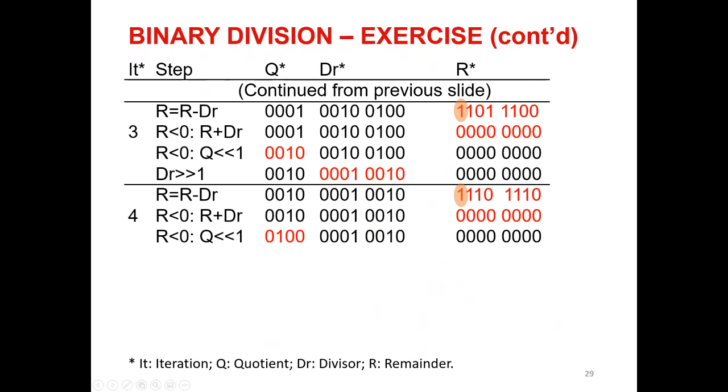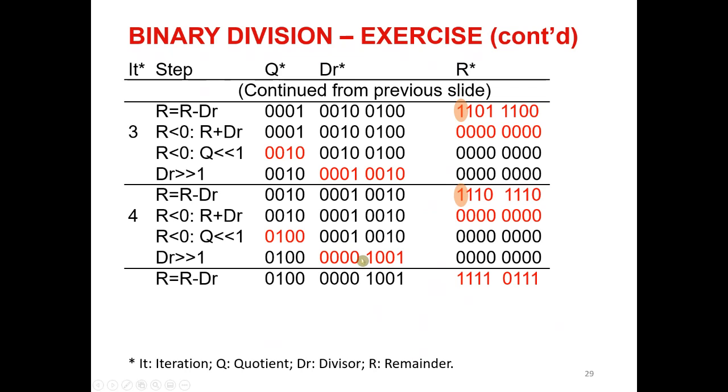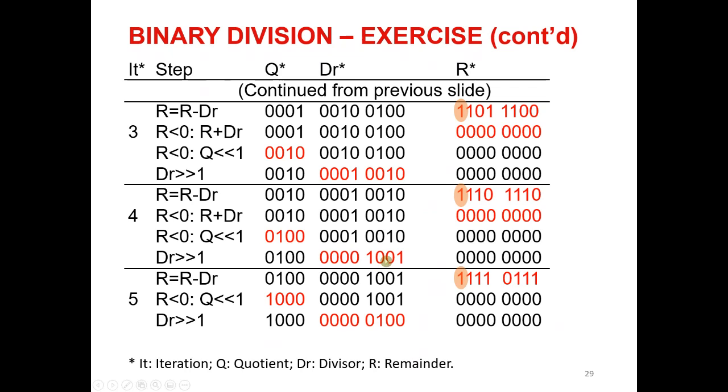We just shift right the divisor. And finally, the last step, we do exactly the same as in previous iterations, and we finish in this fifth step.